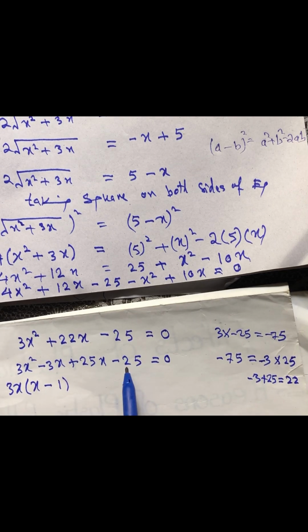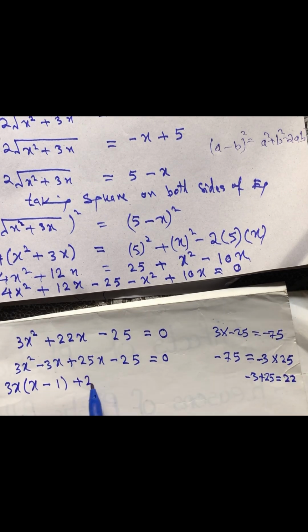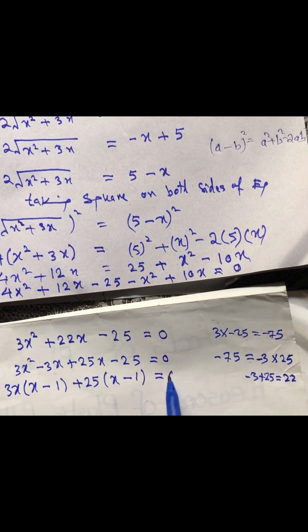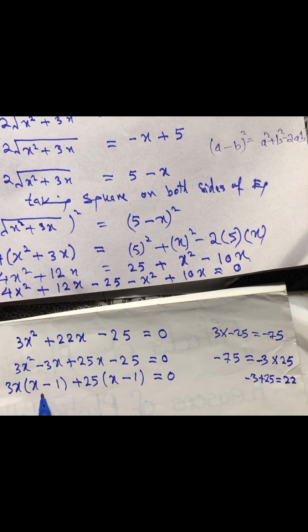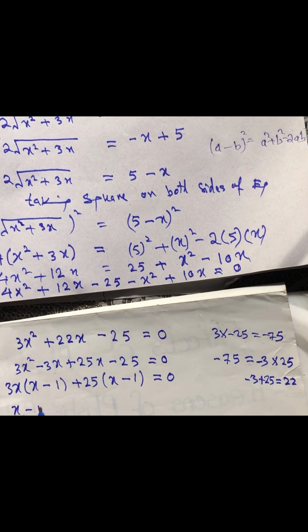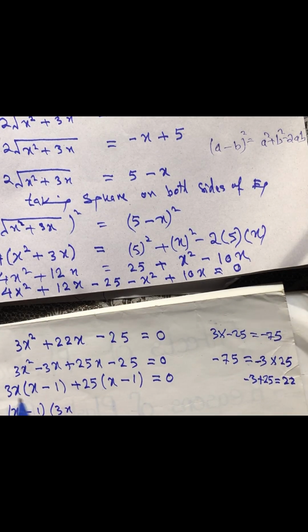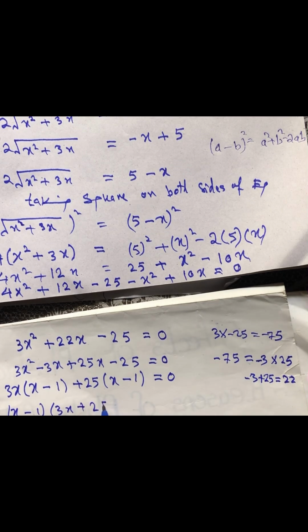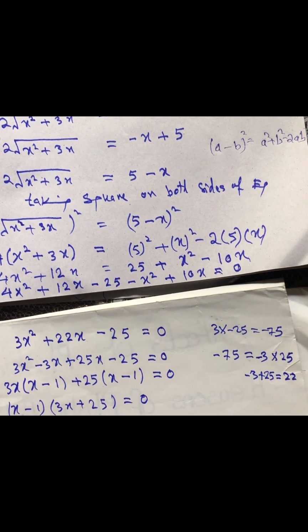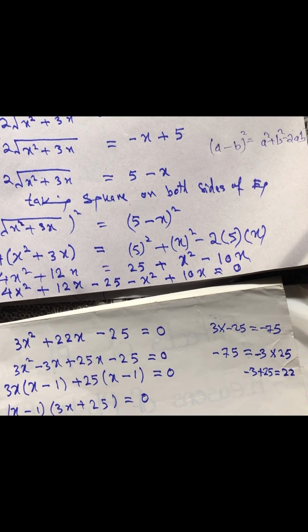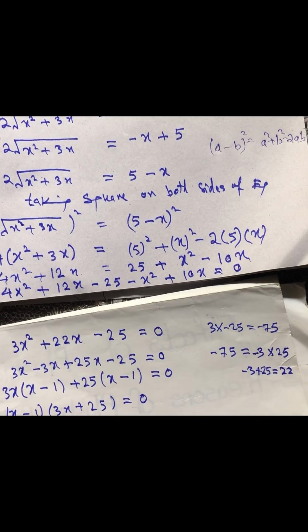Here this is 25 and this is also 25, then 25 is our common factor, 25x minus 25 can catch this 25 one time. See, both brackets are the same, x minus 1 and x minus 1. If they are the same, it means we are exactly correct. x minus 1 is common further, then 3x is left here, and plus 25 is equal to 0. x minus 1 is equal to 0, or 3x plus 25 is equal to 0.